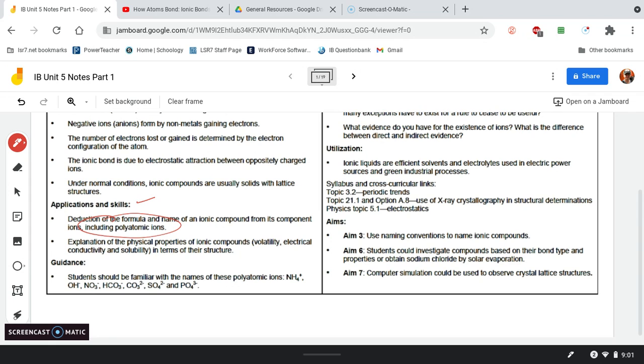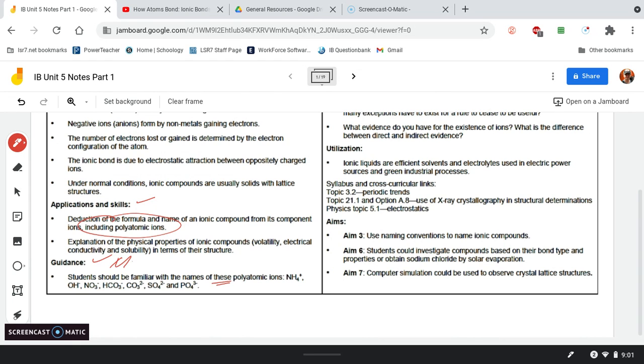If you look under guidance, it says students should be familiar with the names of these polyatomic ions. These are ones that you need to memorize. It's not really an option, because they say these are going to come up on the IB exam, and you're not going to have them in a chart.